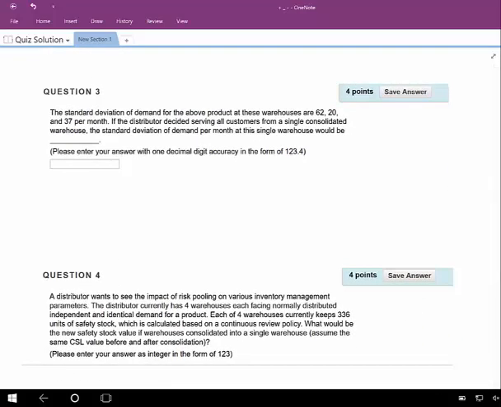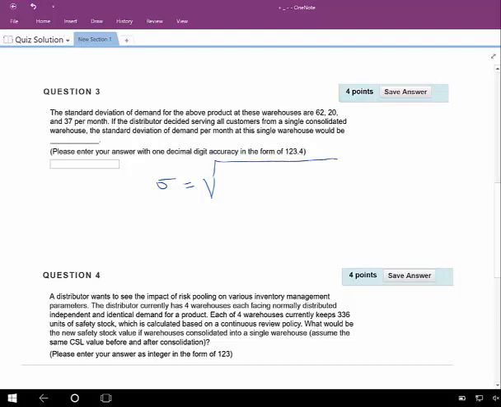The third question: the standard deviation of demand for the above product at these warehouses are 62, 20, and 37 per month. Again, if the distributor decided on serving all customers from a single consolidated warehouse, what would the standard deviation of demand per month be? The same logic applies this time. As you know, we cannot add the standard deviations, but we can add the variances.